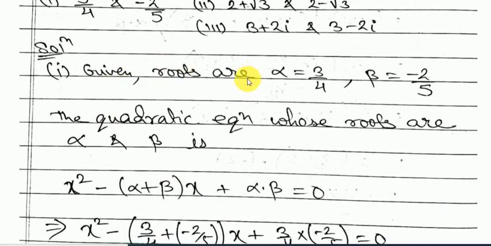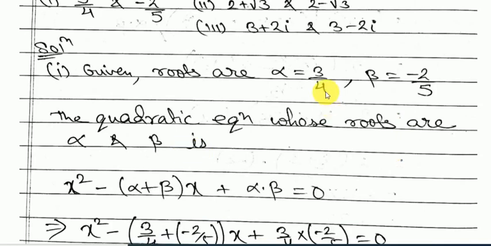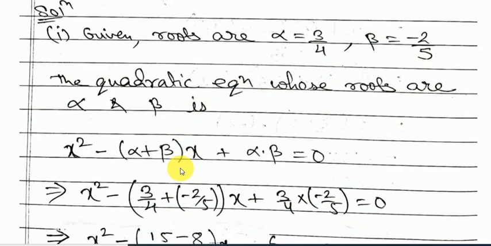Given roots are this. Here I'm taking this to be alpha, the other to be beta. It depends on you, you can take any one alpha and the other beta. Now if you know that the roots are alpha and beta, then the quadratic equation is x squared minus (alpha plus beta) into x plus alpha into beta is equal to 0.